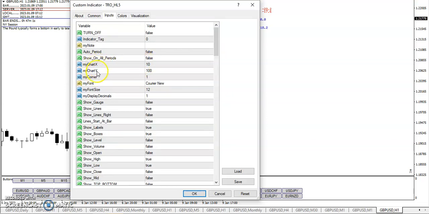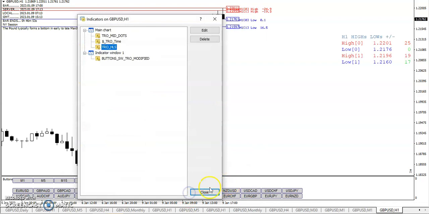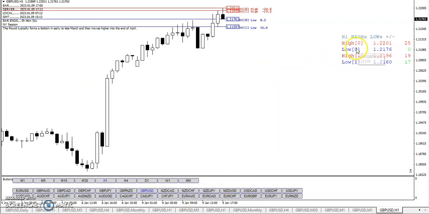The my chart X and Y are the XY coordinates with the corner. So if you turn on the gauge, it'll tell you how far off the current high or low and the previous high or low the price is.